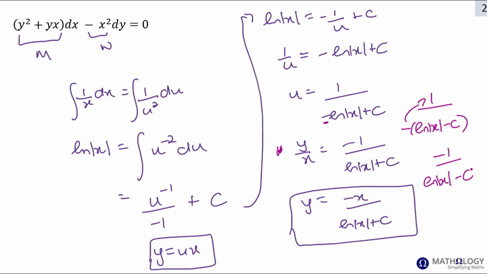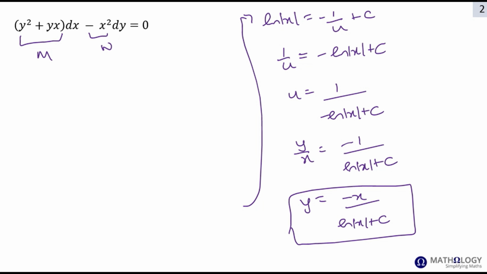But because c is an arbitrary constant, we generally write a positive sign in front of the arbitrary constant. It doesn't matter what this constant is. So that's why this minus sign here was written as a plus sign. It's insignificant as far as the solution to the differential equation is concerned, because c is an arbitrary constant. So that's why a plus sign was written in front of the arbitrary constant instead of the minus sign.